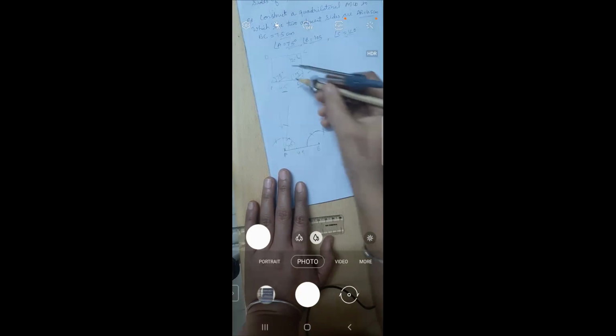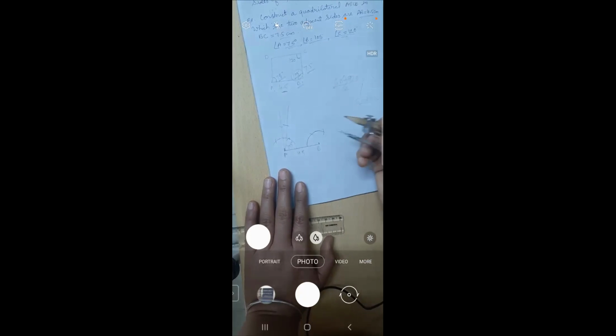Now 105 will be the middle of 90 and 120. This is my 90 degree angle. So cut the arc between 90 and 120.